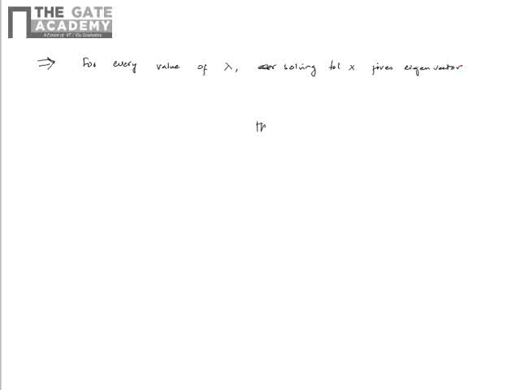So for every value of lambda you will get one eigenvector. That's the point.